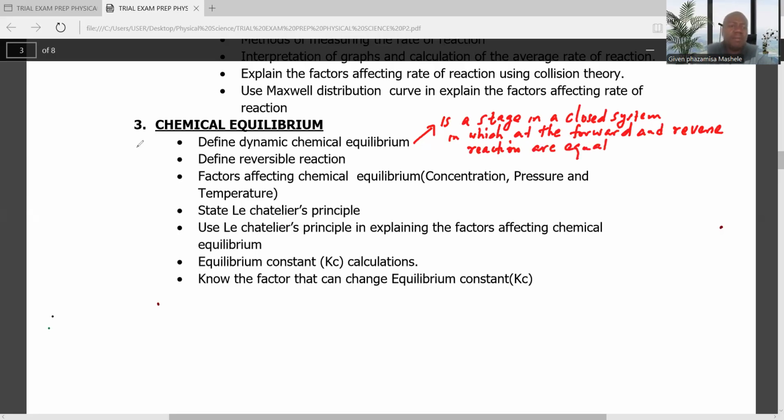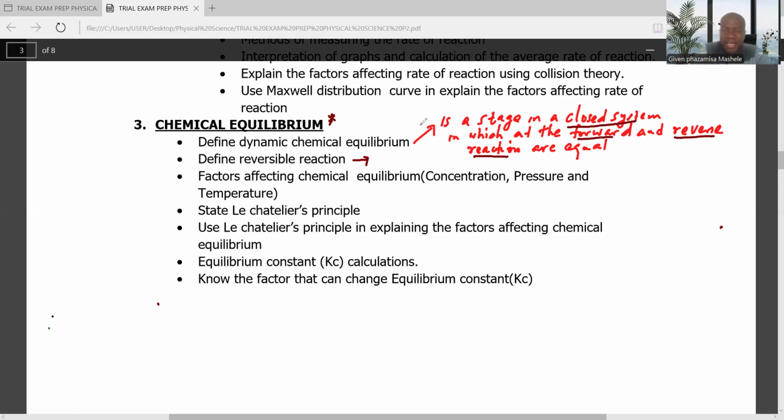So a dynamic chemical equilibrium, ladies and gentlemen, is a stage in a closed system in which the forward and the reverse reaction are equal. So it means in chemical equilibrium, we are talking about reactions that are actually reversible.